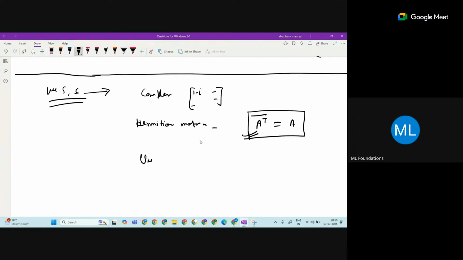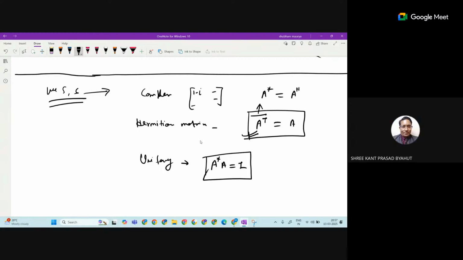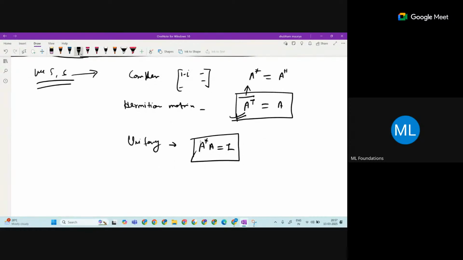In short form we write this as A star. Sometimes we also write AH, the Hermitian of it. A unitary matrix is a matrix with this property: A star A is equal to identity. Hermitian means both operations, transpose and conjugate, applied to the matrix; that is our A star.